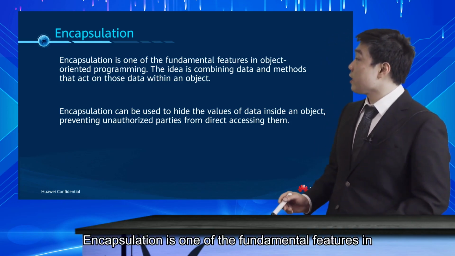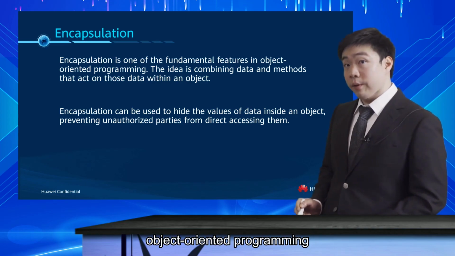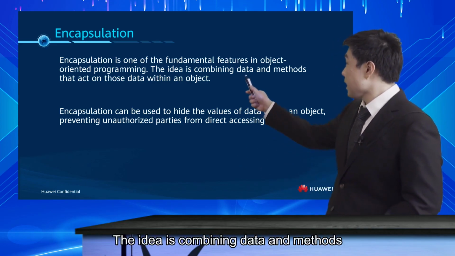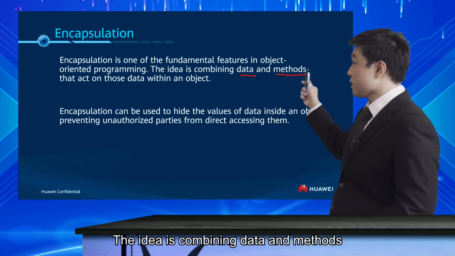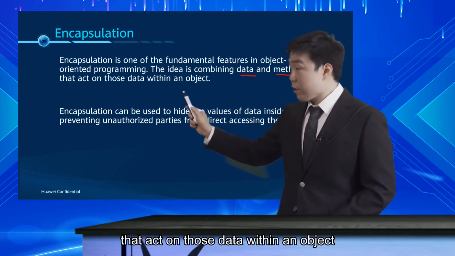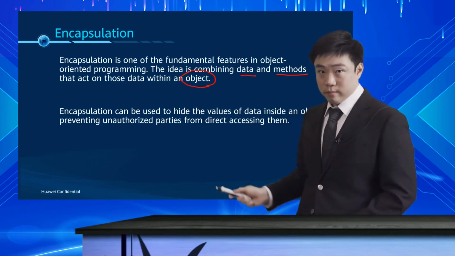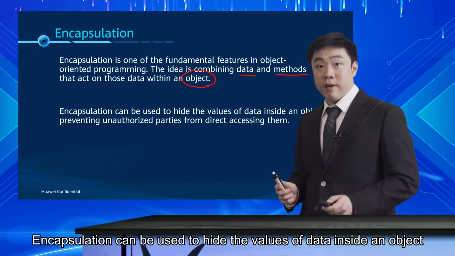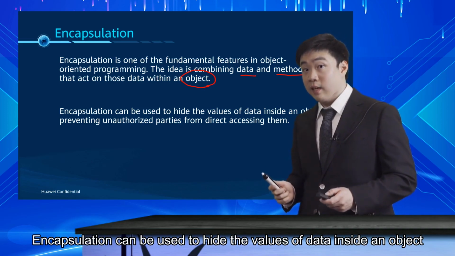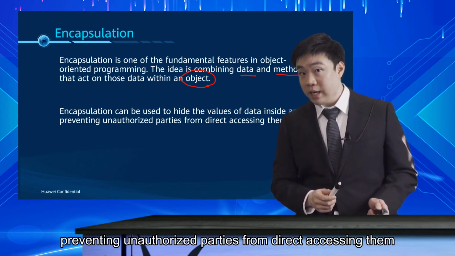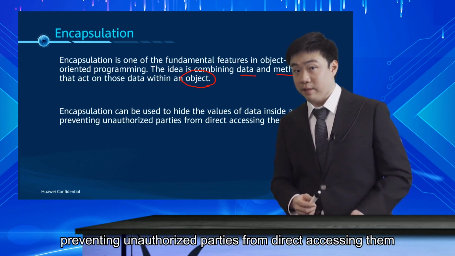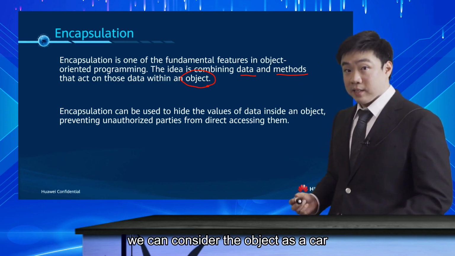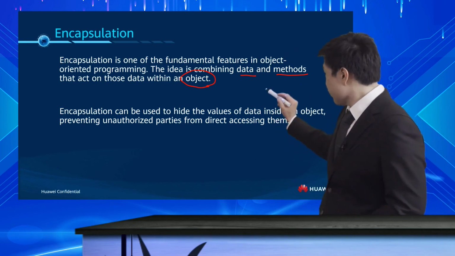Encapsulation is one of the fundamental features in object-oriented programming. The idea is combining data and methods that act on those data within an object. Encapsulation can be used to hide the value of data inside an object, preventing unauthorized parties from directly accessing them. For example, we can consider the object as a car.